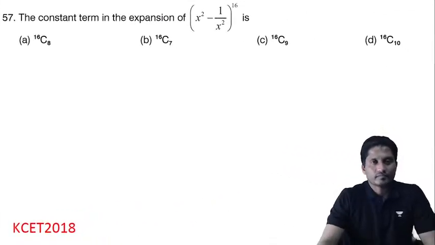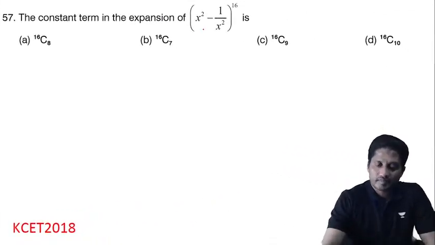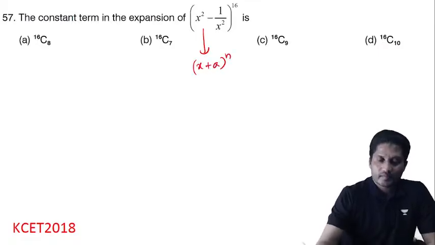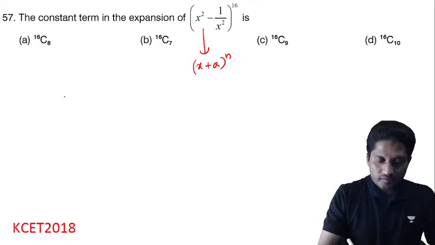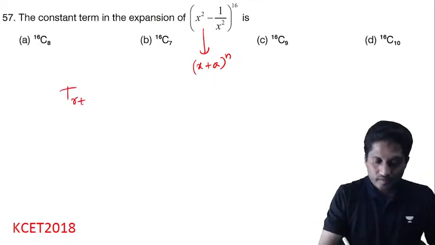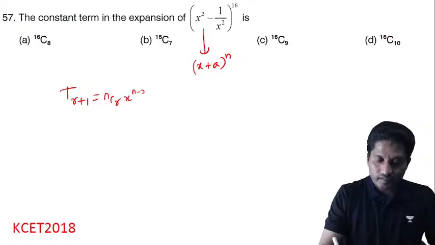Right, let's move to the next question. Constant term in the expansion of, compare this with x plus a whole power n. Okay, now T r plus 1 is equal to nCr x to the power of n minus r a to the power r.